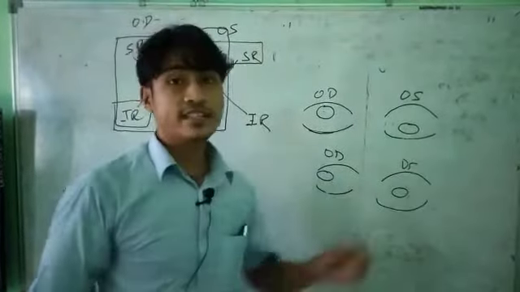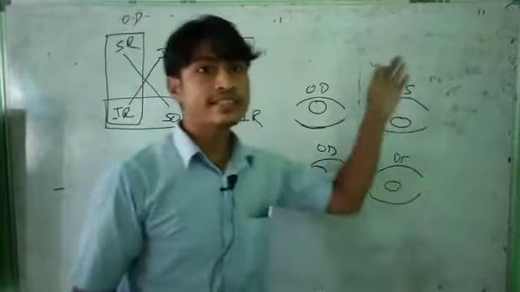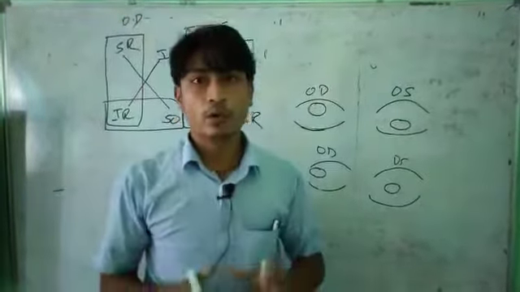In the same way, in the third step, in which head tilt the hypertropia increases. Already the patient is coming with a right head tilt, so this head tilt is compensatory. But we examine the left side, and when he tilts to the left side, the hypertropia increases.